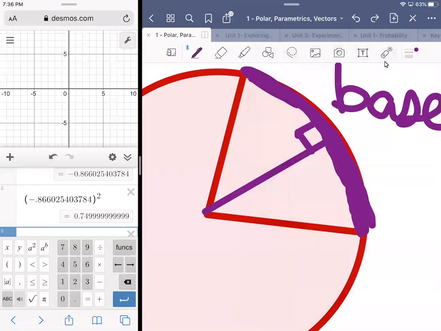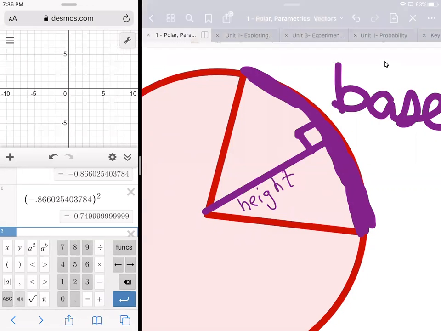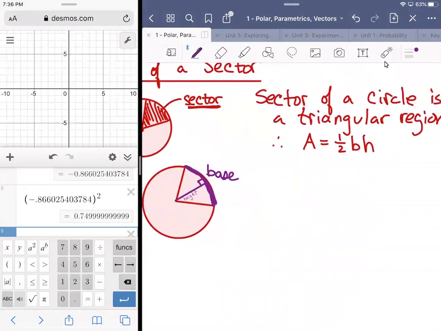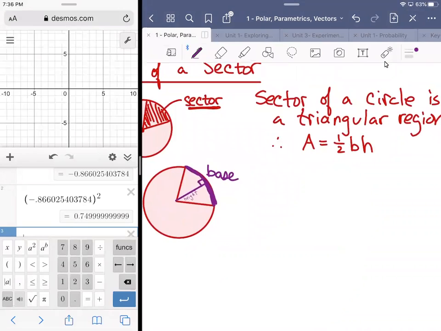Whoa. Oh, it's so small now. So I got a base and a height, right? The height is obviously not as easy to see, right? So the question would be, all right, well, what expression can I use to represent the base, and what expression can I use to represent the height?